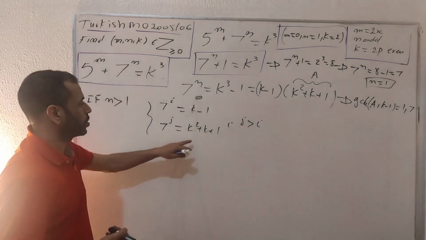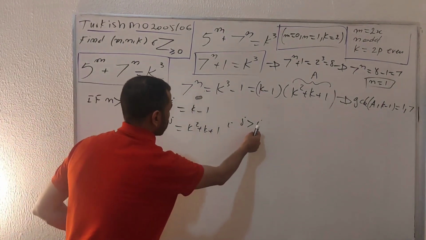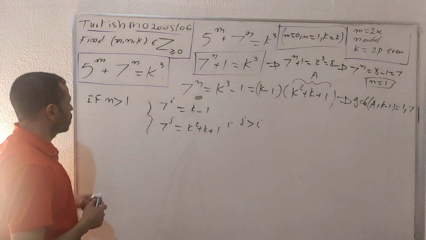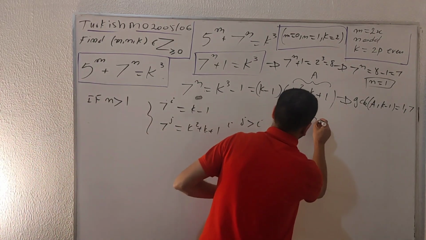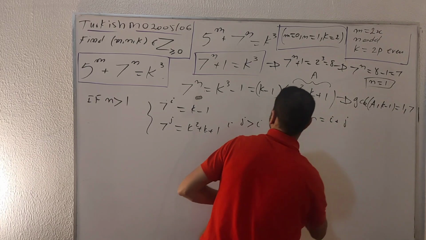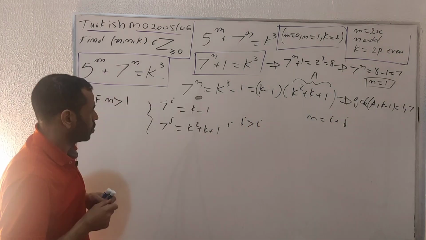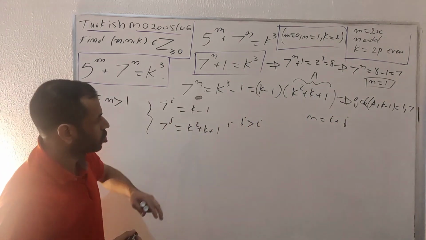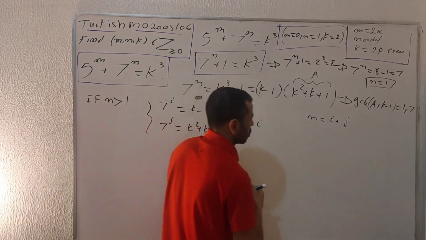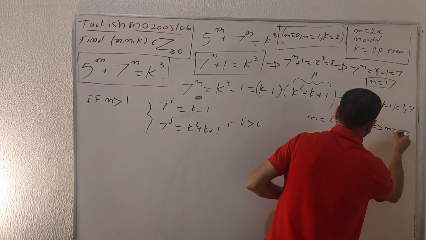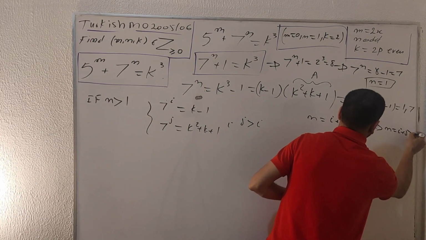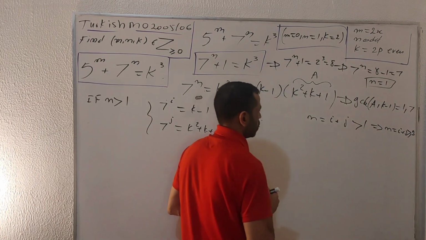If you compare this one and this one, always j is strictly superior to i. As we know, the exponent n equals i plus j, because we have this product. If n is strictly superior to 1, which means i plus j is superior to 2.